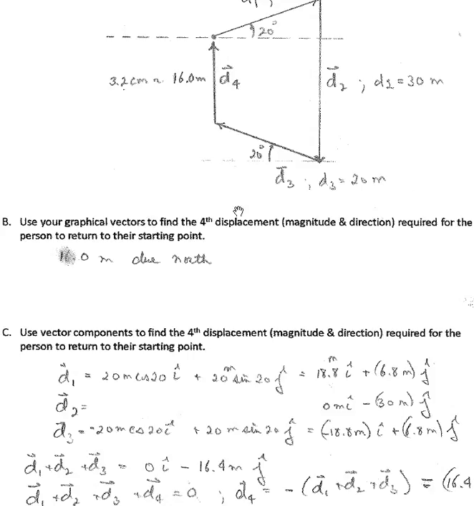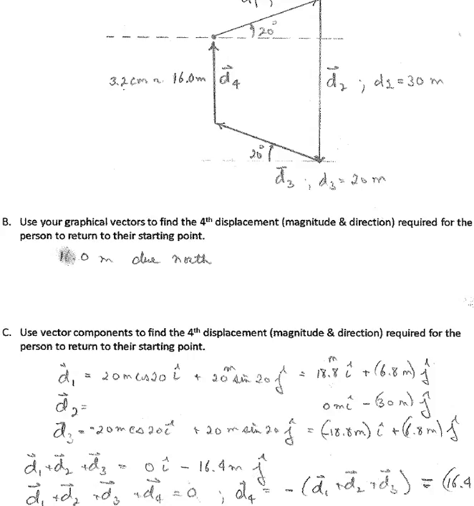And then d3 is minus 20 meters cosine 20 i hat plus 20 meters sine 20 j hat, which is minus 18.8 i hat plus 6.8 meters j hat. So d1 plus d2 plus d3 is 0 i hat minus 16.4 meters j hat.